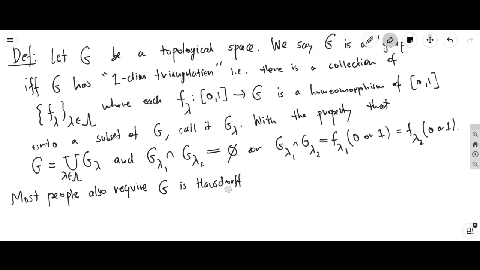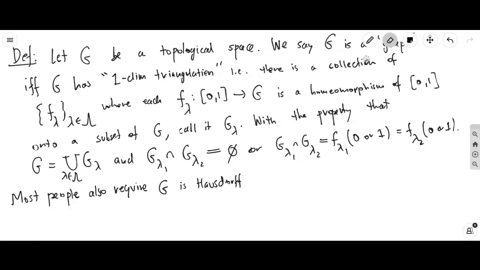It might feel a bit unusual because G is a union of G lambdas, and every G lambda is homeomorphic to this interval. So this interval is Hausdorff. It seems that G should be Hausdorff because it's a union of Hausdorff subspaces. But I'm going to show you a very bizarre example where that does not have to be the case.